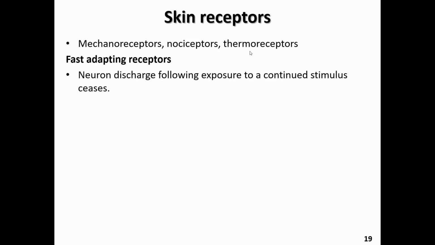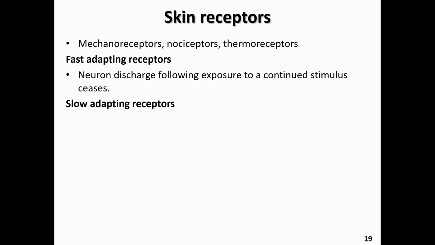And skin receptors, like most receptors, can be categorized a couple of different ways. This categorization also applies not just to mechanoreceptors, but to nociceptors and thermoreceptors. Some receptors are referred to as fast adapting, which means that when that neuron is stimulated, it will generate a frequency train of action potentials.